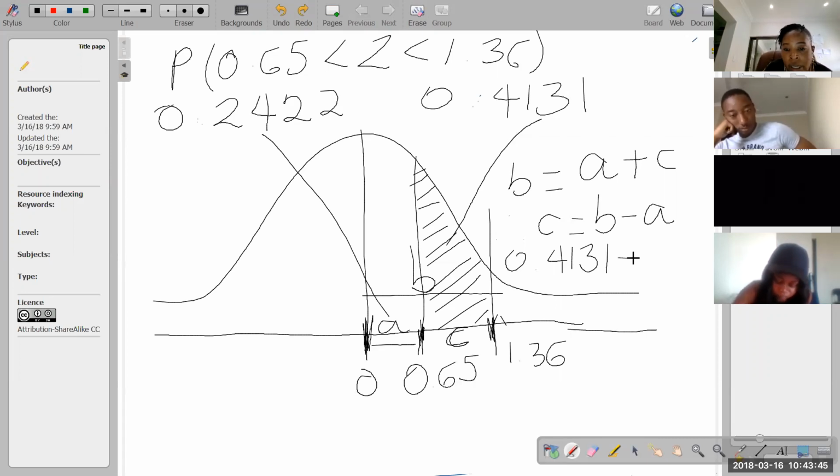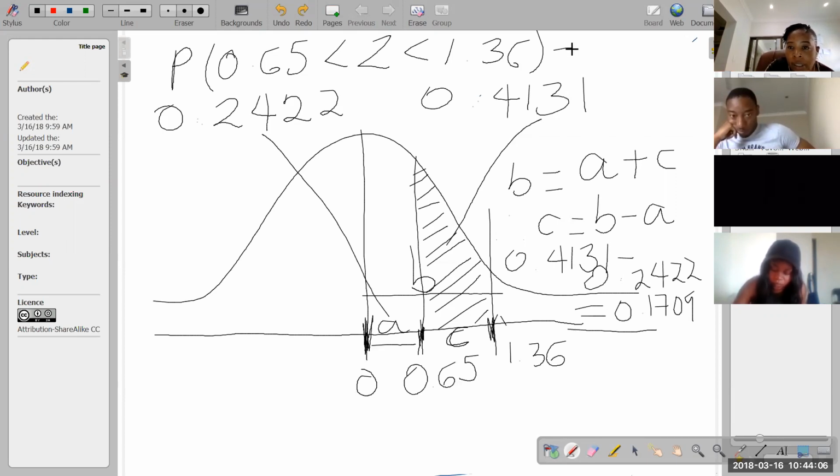Our A in this case is 0.2422. If you subtract, that gives us 0.1709. So our answer in this case is 0.1709.